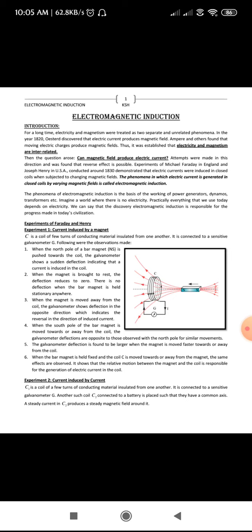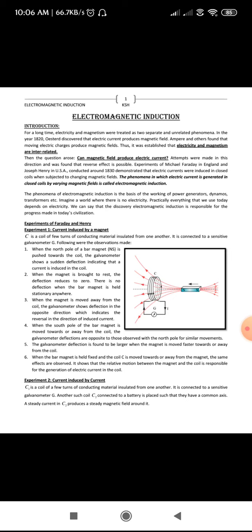Next, when you move the magnet away from the coil, again the magnetic flux linked with the coil varies. Due to this, again a current is induced, but in the opposite direction, so the galvanometer shows deflection towards the right.